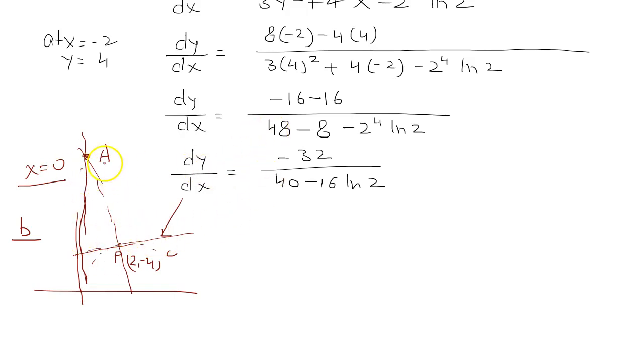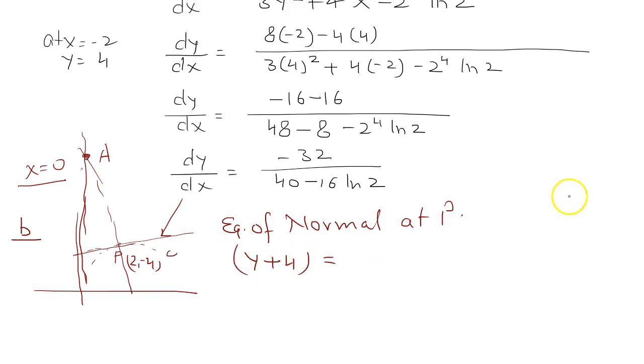So what is the equation of this normal? Equation of normal at P, that is y minus y1 is equal to minus dy over dx, that is 40 minus 16 ln 2 over 32, times x minus x1, which is 2.